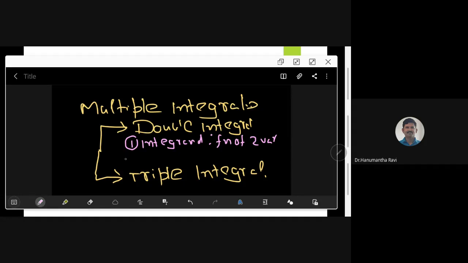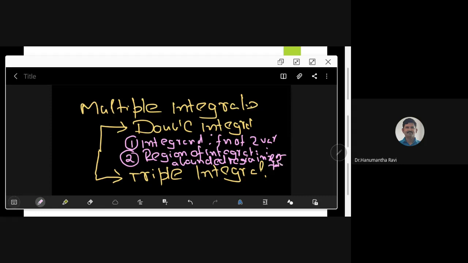And here also we talk about the region of integration, the integrating variables being x and y. Here that is a part of the xy plane. When you talk about the region of integration, I mean a bounded region in the xy plane. That is important here.